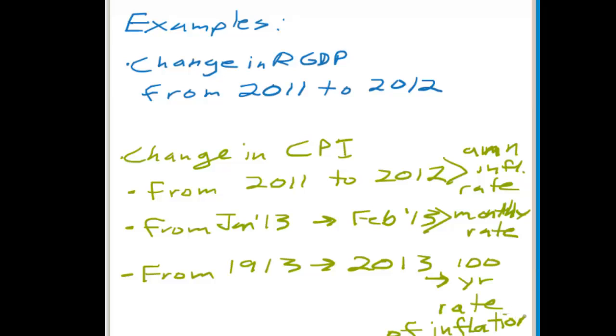To answer any kind of question like this, okay, change in any variable over any time period in a percentage basis, we're going to need the percentage formula. Okay, so here's the formula. It's quite simple, and I'm just going to write it in kind of intuitive language here. We're going to take the second number, or it's comparing two numbers with a percentage change. Second number minus the first number.